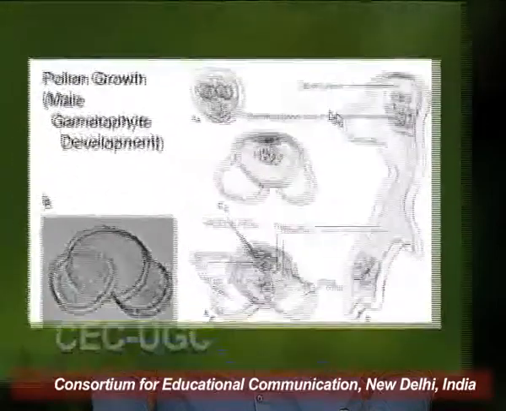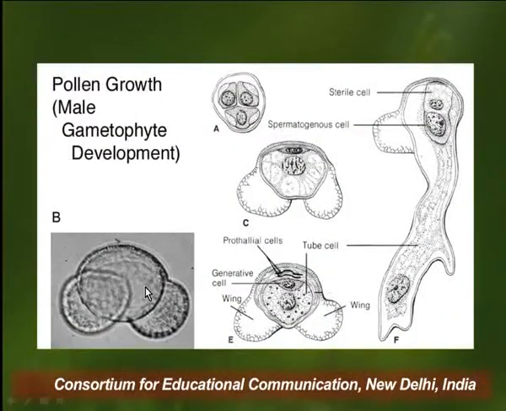The male gametophyte in gymnosperms can be represented with the help of these diagrams. Here, a typical pollen grain of Pinus is shown. Here we can see that there are 4 microspores. Each microspore has a few prothallial cells, 1 antheridial initial, and then the wing cells.